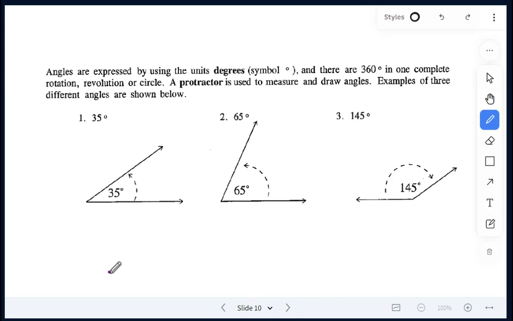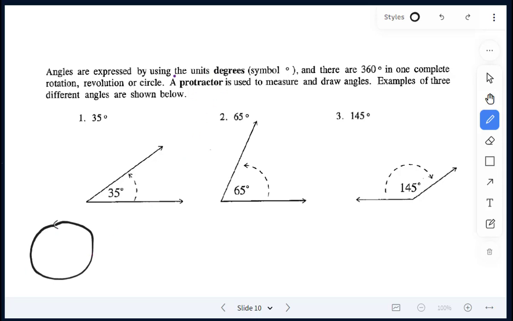Angles are expressed by using the units degrees. We see this little circle as a superscript. There are 360 degrees in one complete rotation, revolution, or circle. If I was to draw a circle here, starting point, and I come all the way around back to here, that makes one full revolution, so 360 degrees.